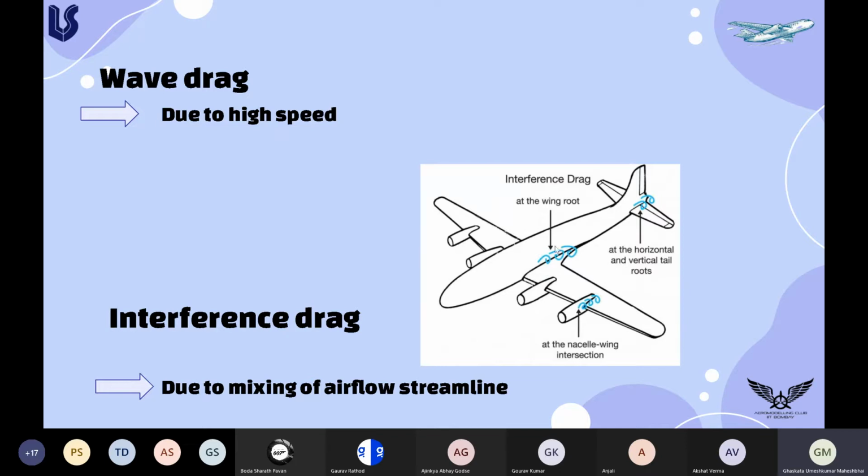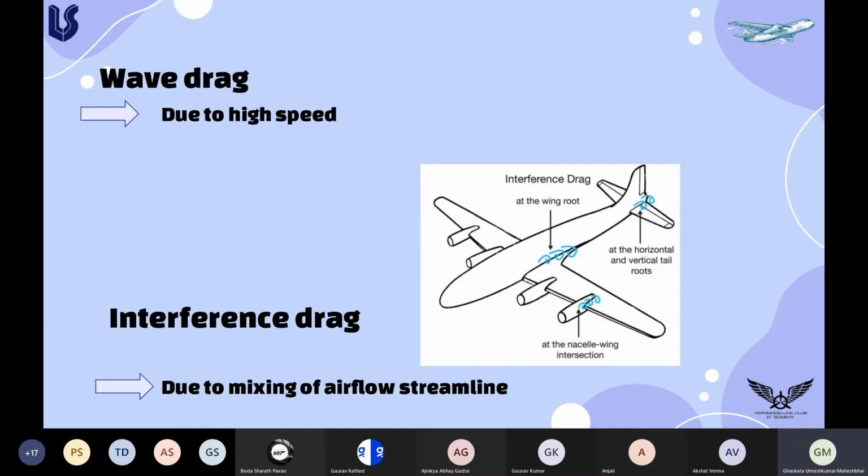Similarly, this interference is created by this wing and this turbine nacelle, and this interference is created by the horizontal stabilizer and vertical stabilizer. Okay, so this is all about interference drag, and this is wave drag. I hope it's clear.